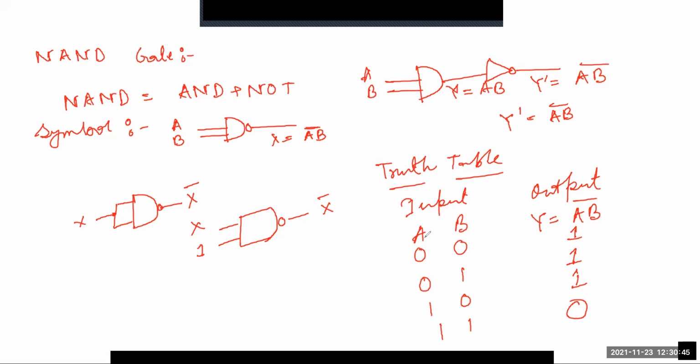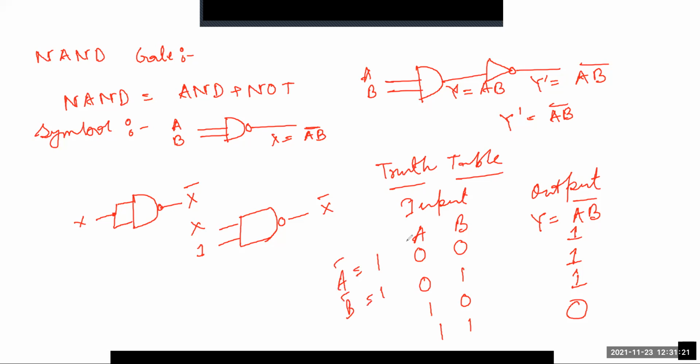So if we observe the truth table of the 2-input NAND gate, here we can see the output Y is 1 when either A equals 0 or B equals 0, or when A and B both are 0. Or you can say A bar is 1 or B bar is 1.